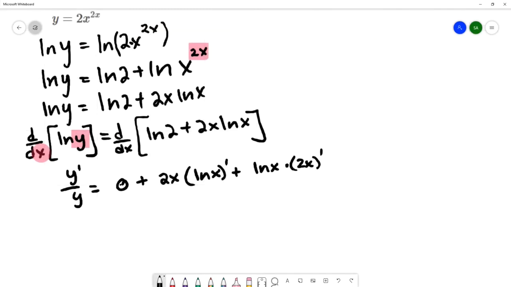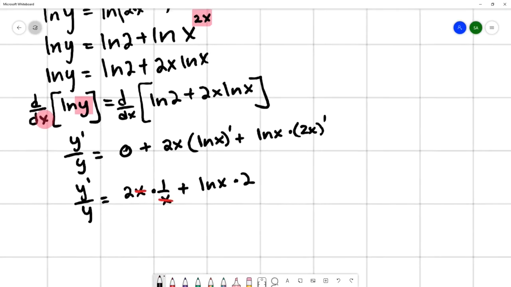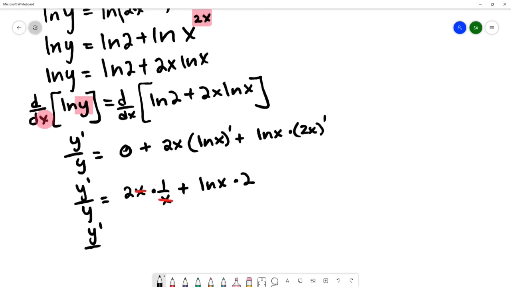And that gives y prime over y equals 2x times the derivative of natural log x, which is 1 over x, plus natural log x times the derivative of 2x, which is 2. So these x's cancel each other out. And I'm left with y prime over y equals 2 plus 2 natural log x.